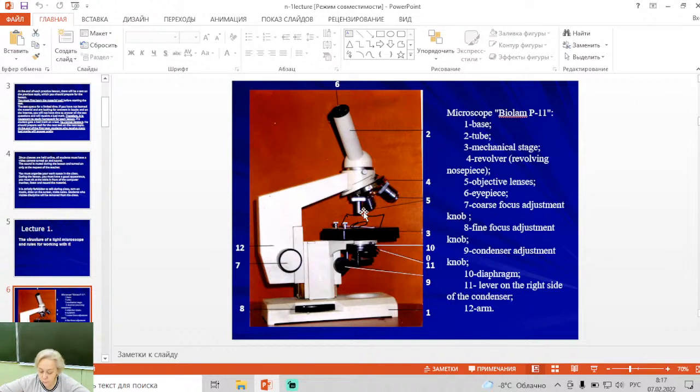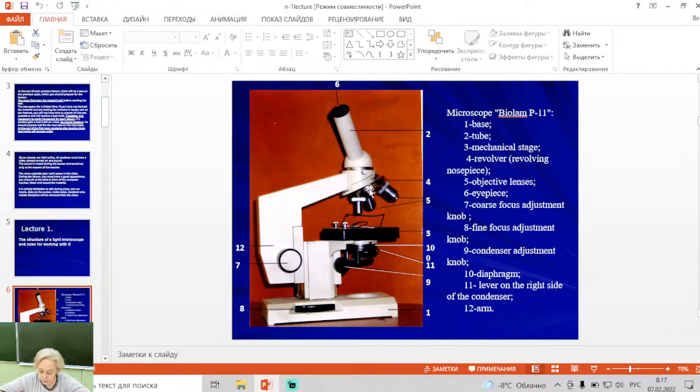The numerals on the upper surface of the eyepiece mean its magnification, maybe times 7, times 10, times 15, and other variants. A rotating plate, a revolver, number 4, in which there are 4 sockets for lenses, is situated on the opposite side, in this place.